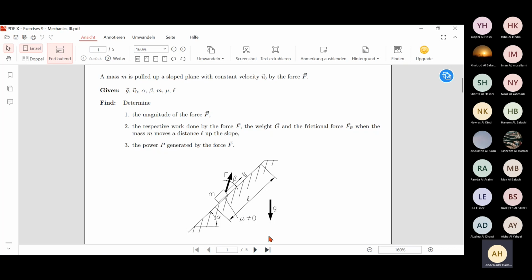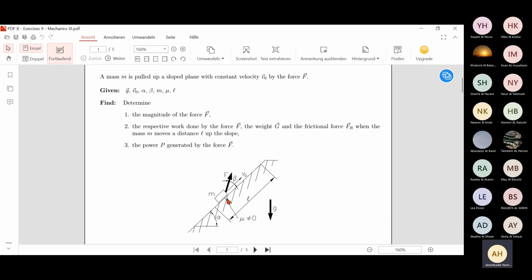Given the problem is under a gravitational field, given is V0, this velocity here, the gravitational acceleration, the angle alpha of the slope with the horizontal line, beta, the angle of the force F with the direction of the motion, the mass M, and the coefficient of friction mu.